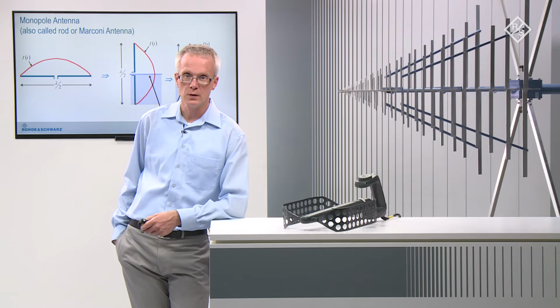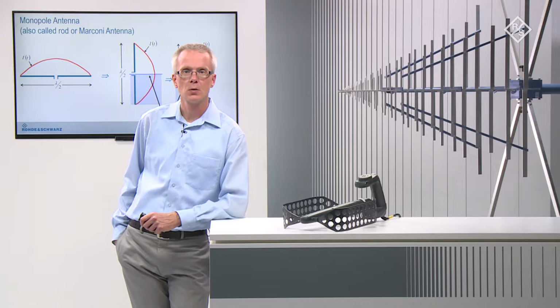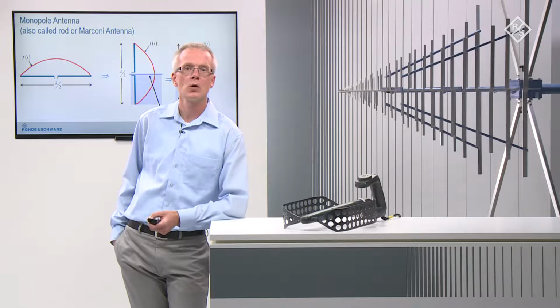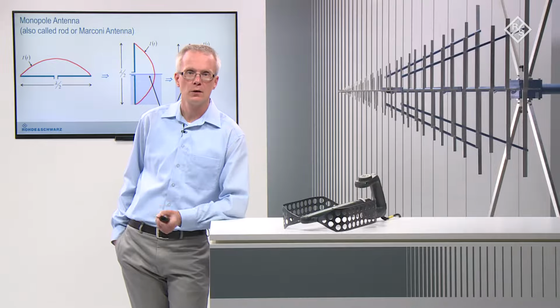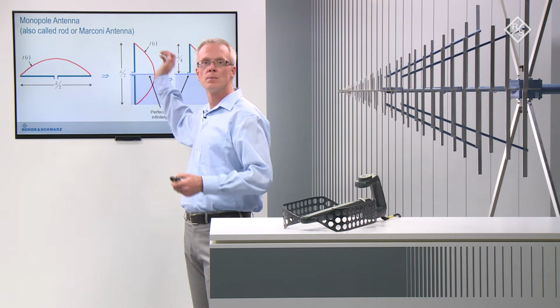As a result of this image principle, vertical quarter-wave antennas on conducting ground have basically the same radiation characteristics as half-wave dipoles oriented in the vertical way. Obviously, there is no radiation into the shadowed half space.